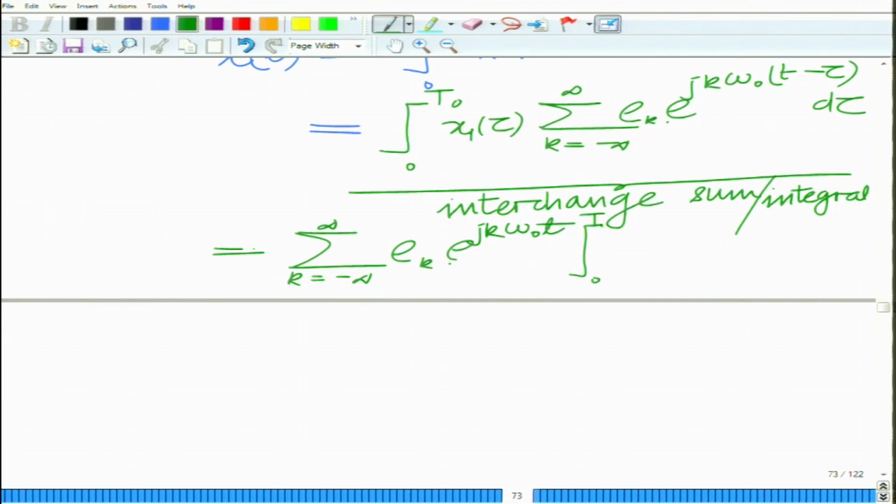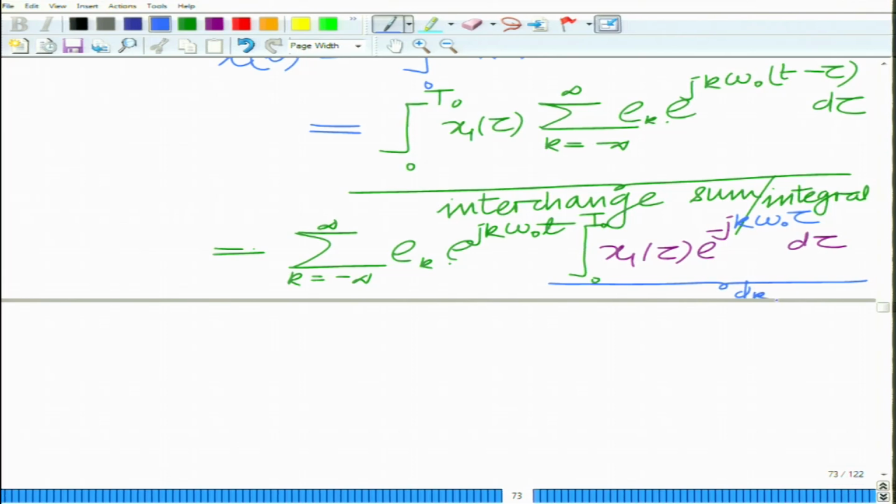What is remaining is the integral 0 to T naught of x1 tau e raised to minus j k omega naught tau d tau, and you can now see this quantity, over 1 period, is the kth coefficient of the complex exponential Fourier series of x1 tau, which is nothing but your dk.